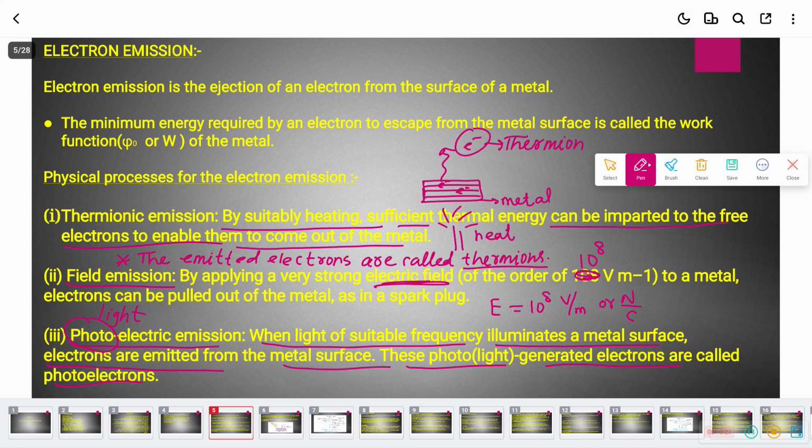Clear? That is called photoelectric emission. The process of removing an electron from the metal surface is called electron emission, so that's why the word emission comes.